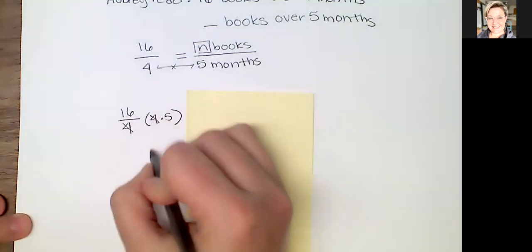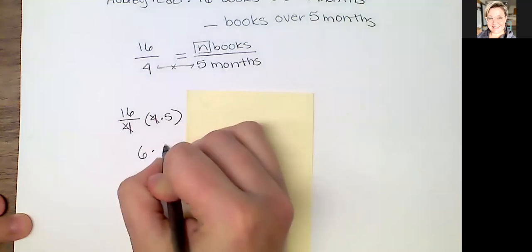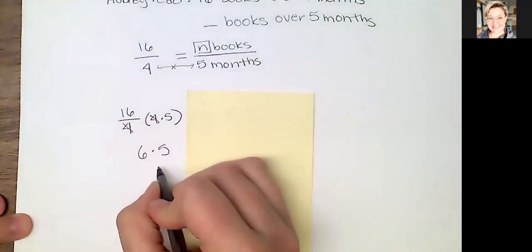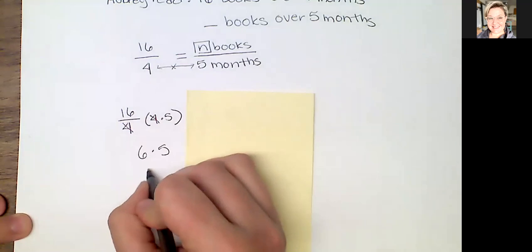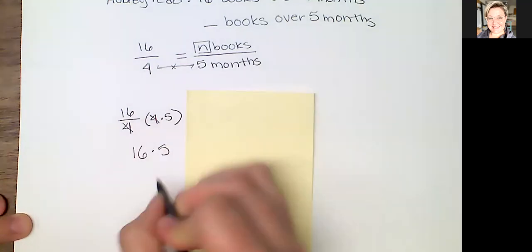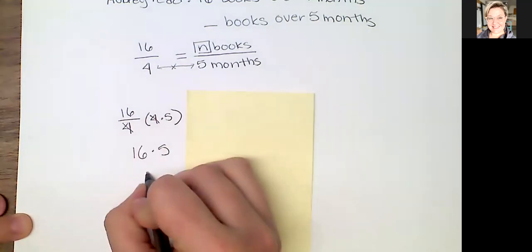So we're going to be left with 16 times 5. And then we know we can simplify that down to 80. Oh, I didn't write the 16, sorry. 16 times 5 is going to equal 80.